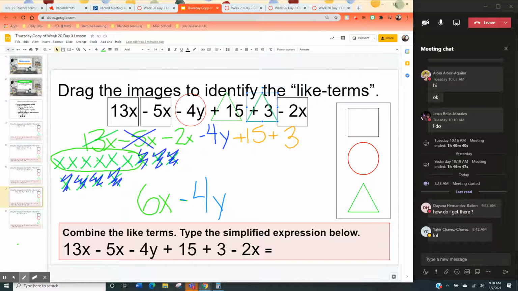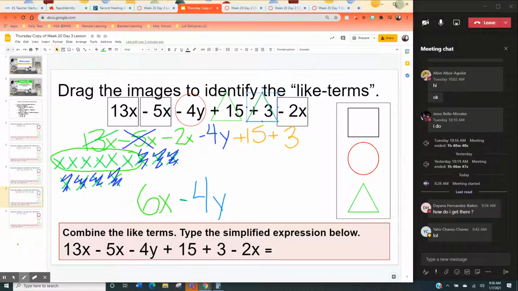I'm seeing people that instead of bringing it down with that minus, you're changing it to plus. No, if you're going to bring it down, you need to bring the whole thing down. You're not changing the subtraction to addition unless you added or subtracted something and that's what it gave you. If you're bringing it down the same, it comes down the same.